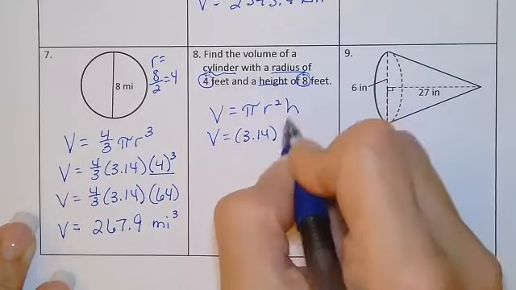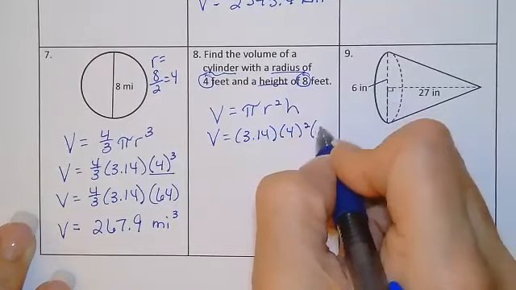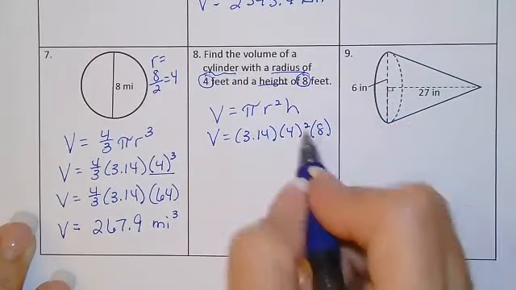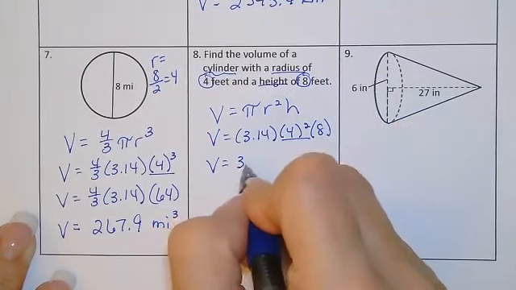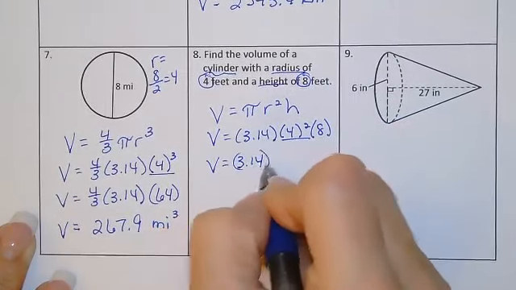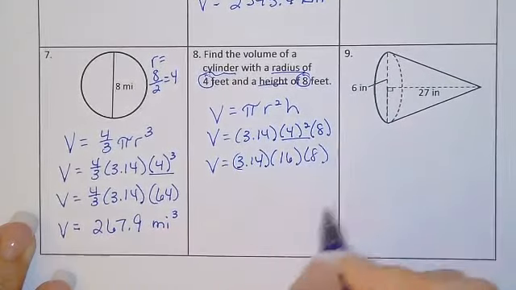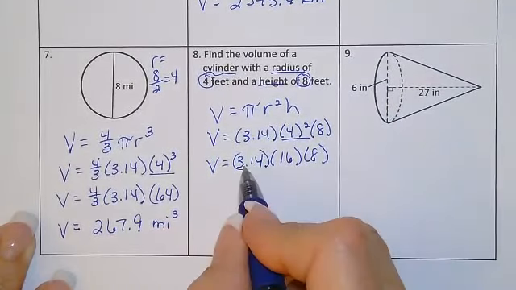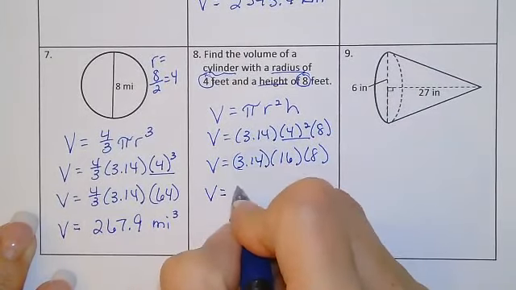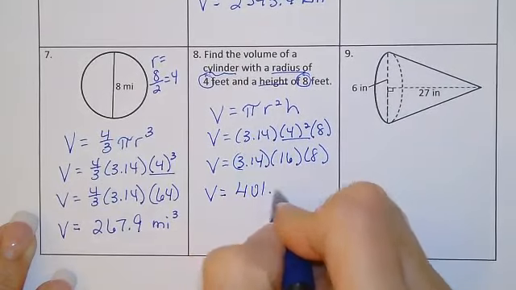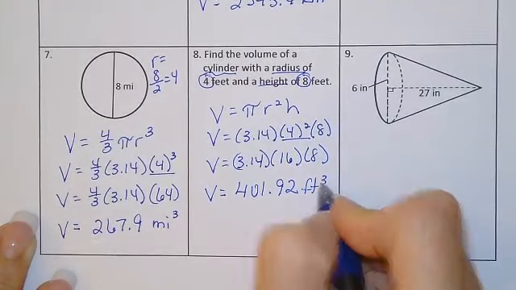So radius is 4 and height is 8. Okay, we're going to take care of that radius squared first. 4 times 4 is 16. Okay, next thing we're going to do is multiply all of them together, and we get 401.92 feet cubed.